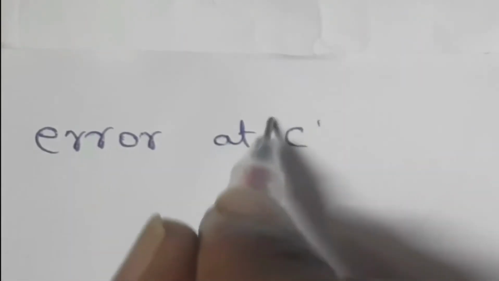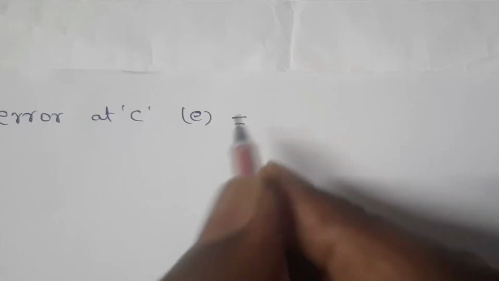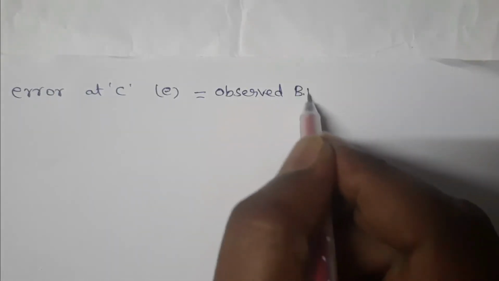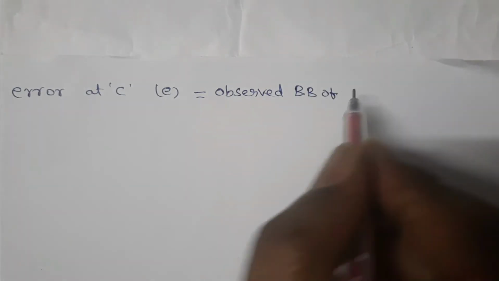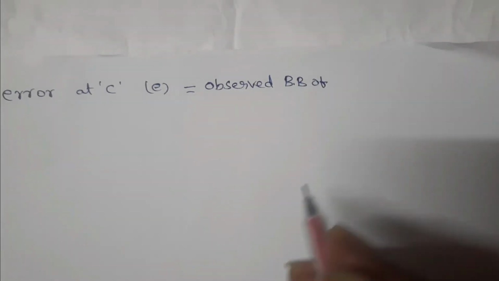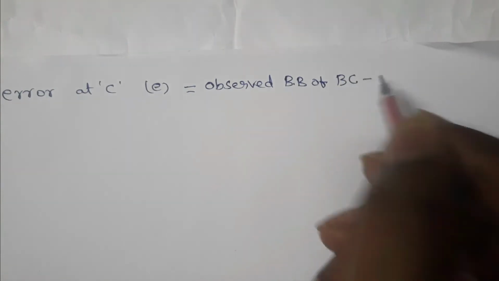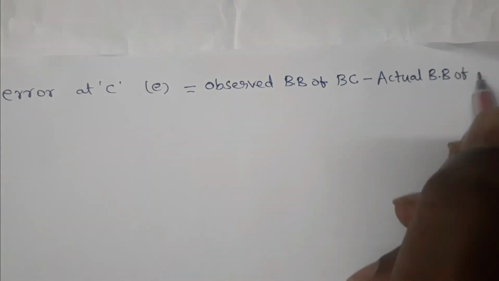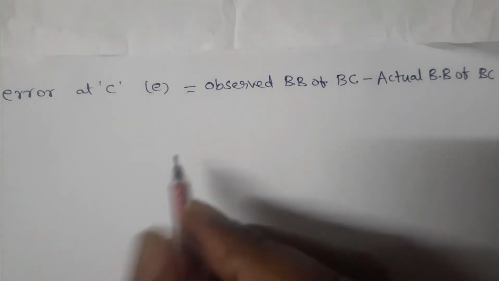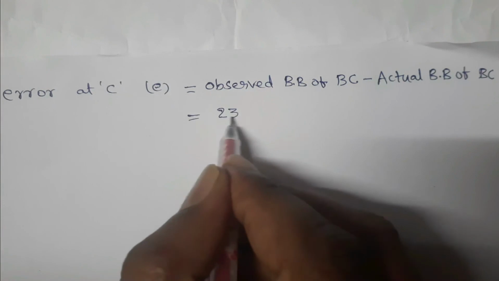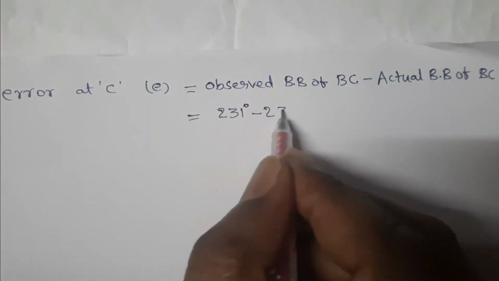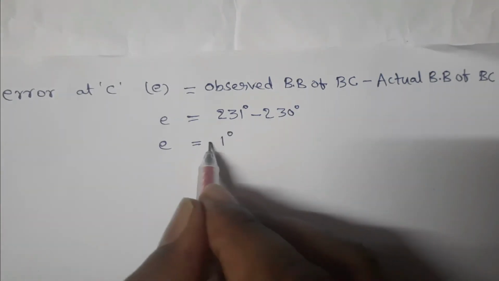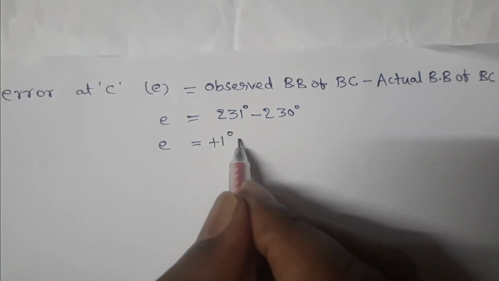At C point, E is equal to observed back bearing of BC line minus actual back bearing of BC line, which is equal to 231 degrees minus 230 degrees. Error at C is equal to plus 1 degree 00 minutes.